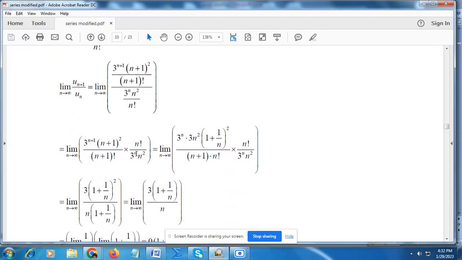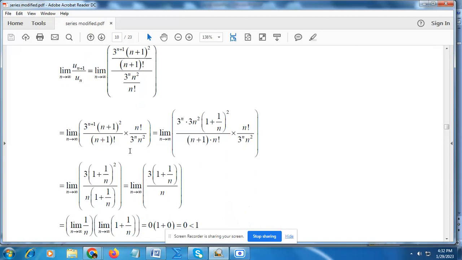So take the reciprocal, then 3 power n plus 1 is written as 3 power n into 3, and take n common, 1 plus 1 by n whole square.